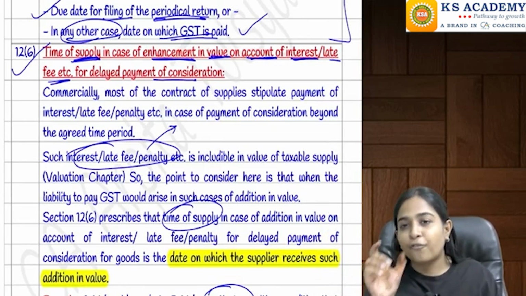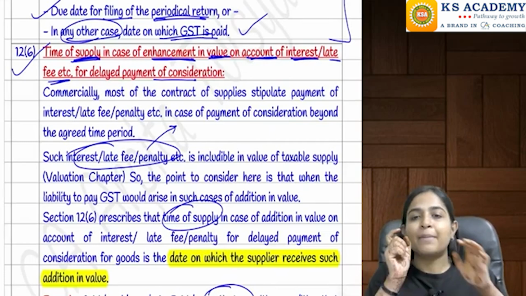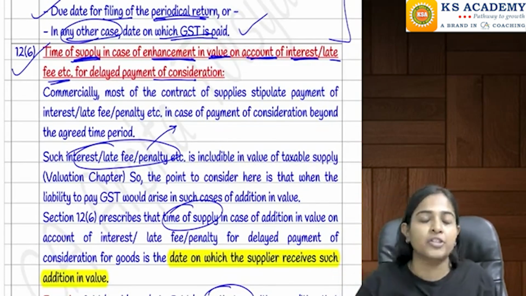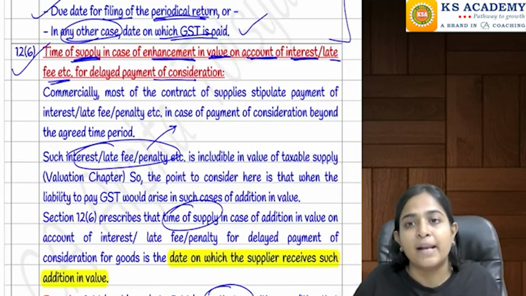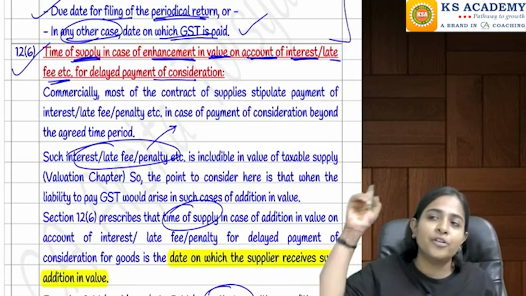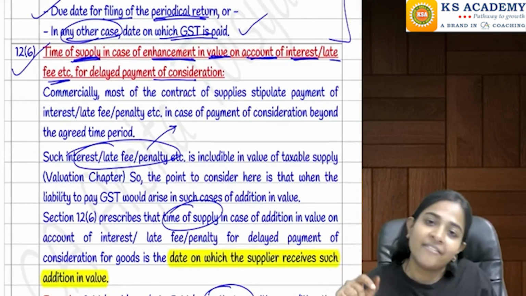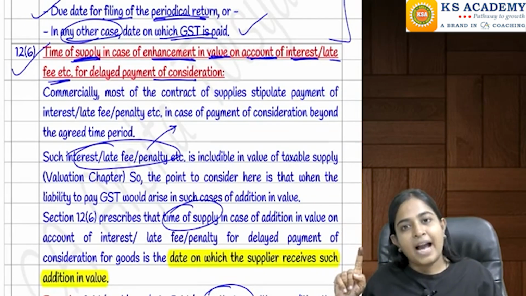Then for that 10,000 value of goods, time of supply will be calculated as per section 12.2 or 12.3, forward charge or reverse charge, or as per the other provisions of section 12. But for that 5,000, I am going to receive it late, so the time of supply will be the date when we actually receive that 5,000. Are you clear with this?